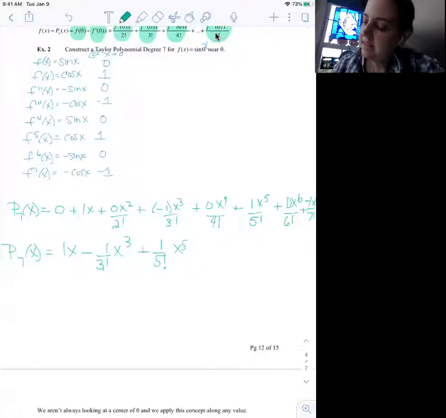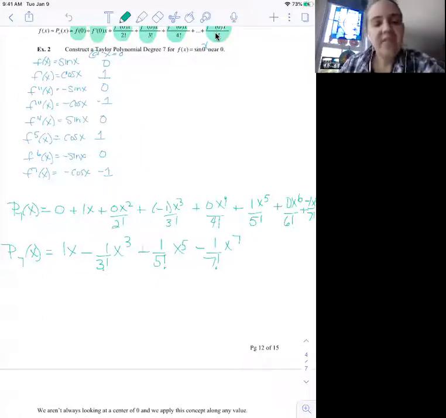The x to the 6th term is gone, so minus 1 over 7 factorial x to the 7th. Now, I have seen answers left with the factorial there, but not always. So I don't know what that final answer is. Can we leave the factorial? Yes, I think sometimes you can. What will the expectations be on this year's exam? I don't know. So it doesn't hurt to turn those into numbers.